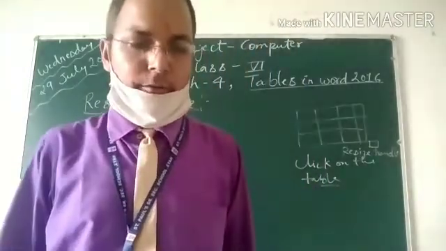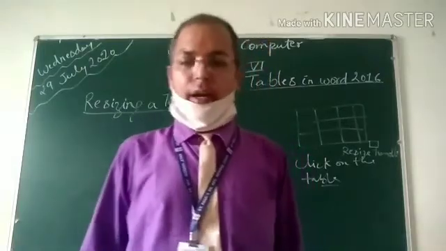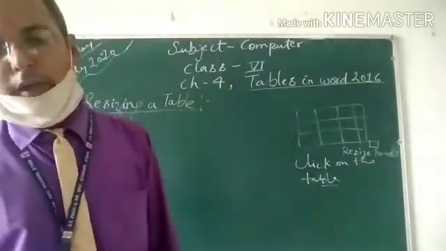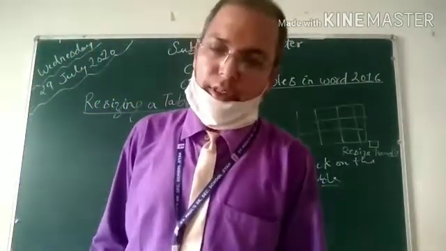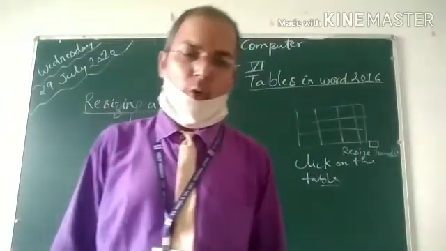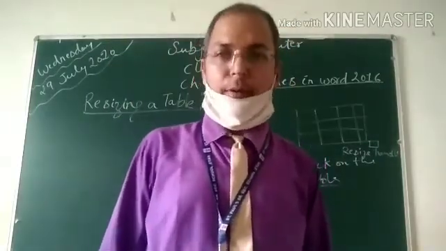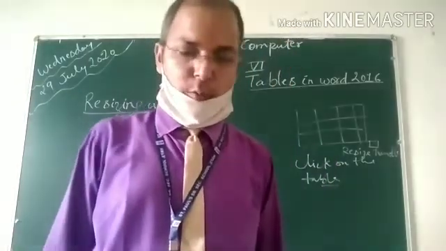Move the mouse pointer onto the table resize handle and you will see a double-headed arrow. Drag the table to the desired size by pressing the left mouse button, and release it when you get the desired size. It depends on what size you want. This is figure 4.8, table size.